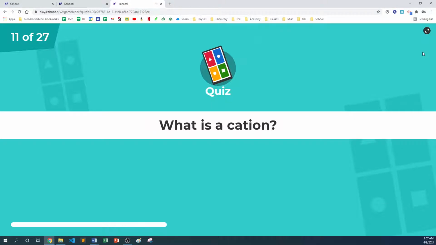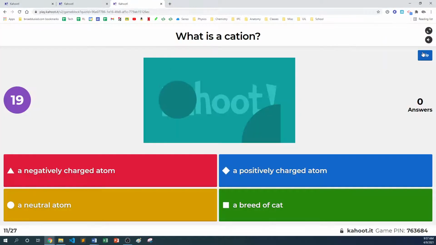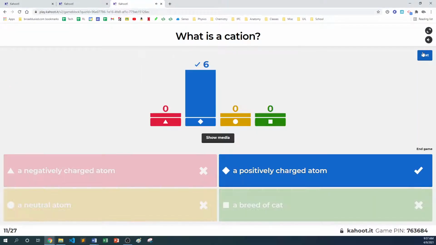I see ions. What is a cation? A breed of cat, obviously. A breed of cat.